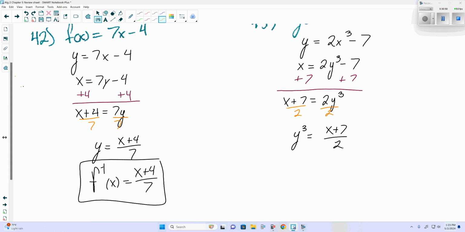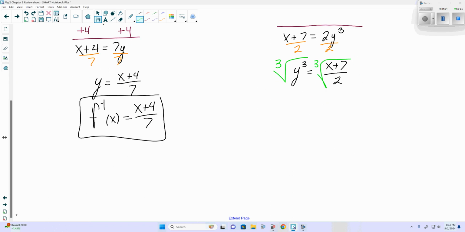That was y by itself. So we would cube root. And this will tell us that y is equal to the cube root of x plus 7 over 2.